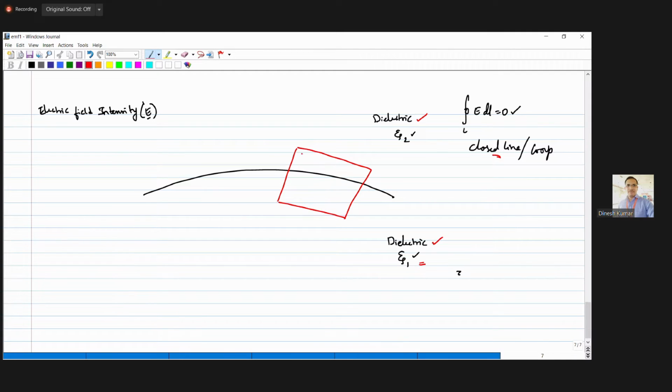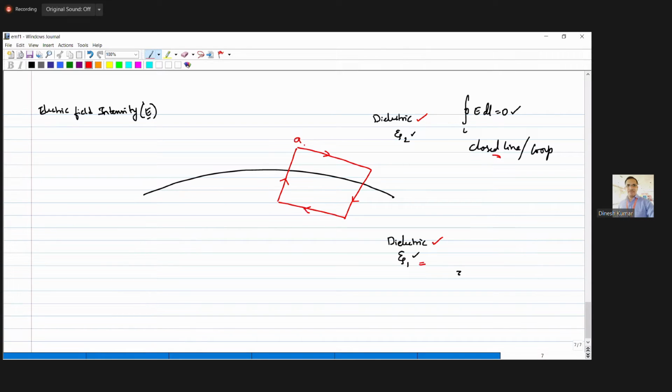Since it is a loop, we have to give its direction, as I told in the case of Stokes theorem. For every loop, we have to give a direction. You can go with anti-clockwise or clockwise; there is no protocol that you have to consider only clockwise.